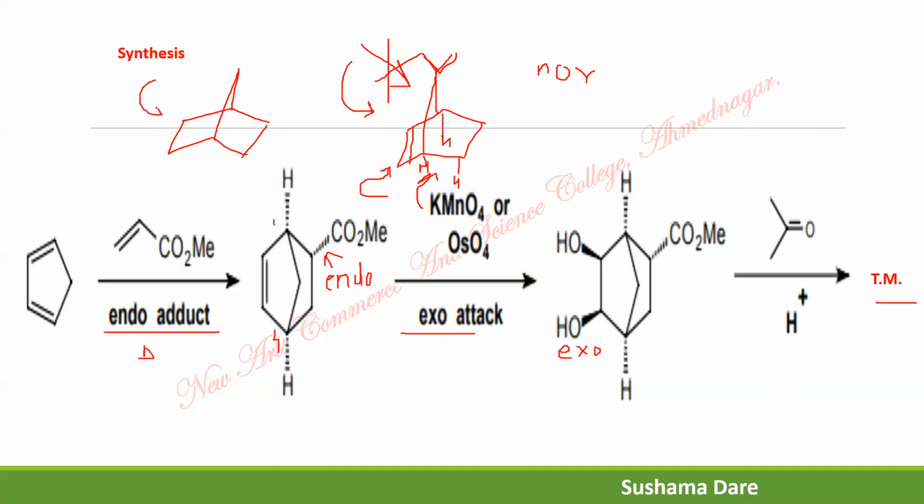That time the reagent approaches from the exo face. So this is the exo face. If there is a methyl group present on the bridge compound, then we call it a bornane compound. So this is a bornane system. That time the reagent attacks from the endo side.